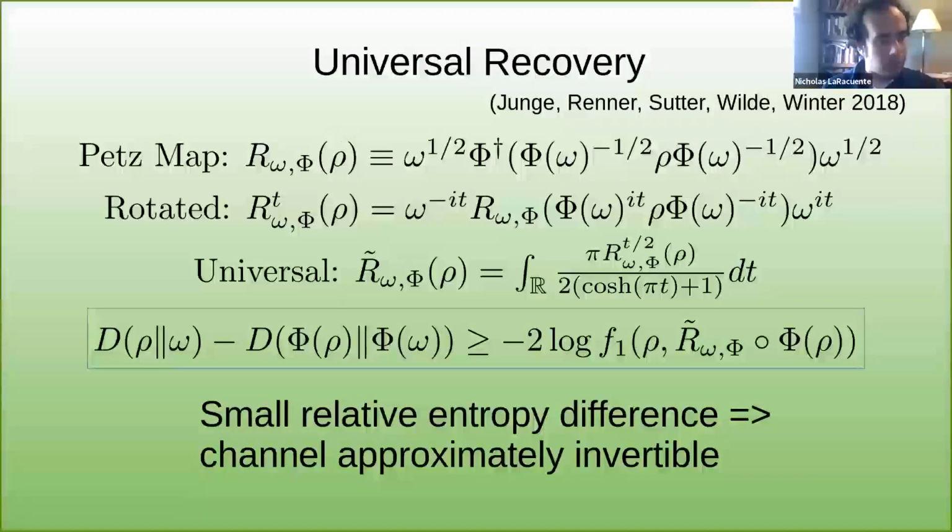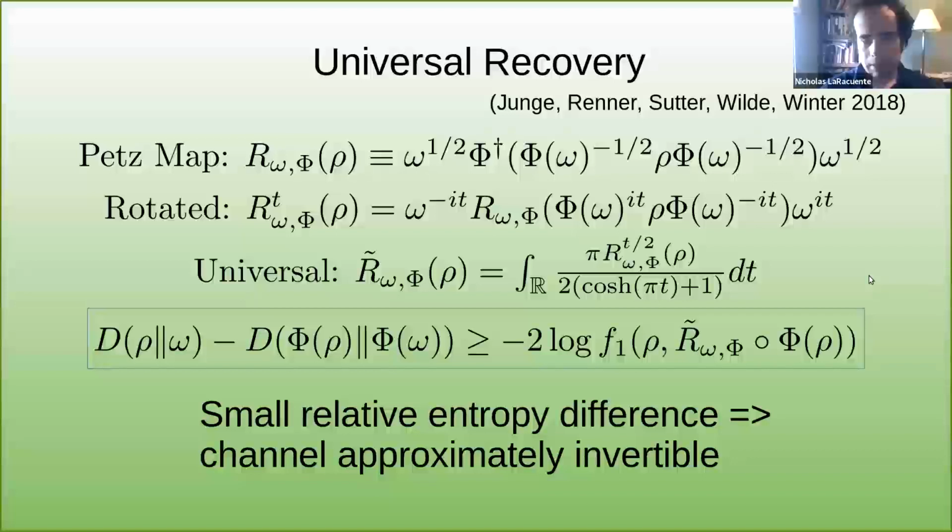And so a small relative entropy difference implies that we can very nearly invert the channel. The relative entropy difference is essentially an upper bound on one measure of dissimilarity of the attempted inversion of the channel to the original state.